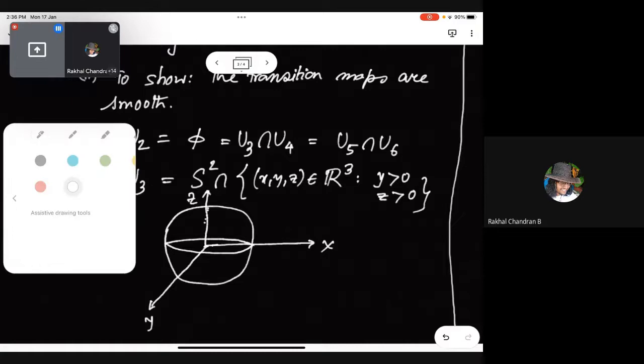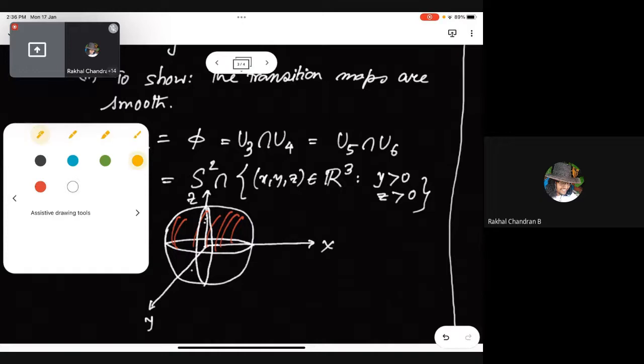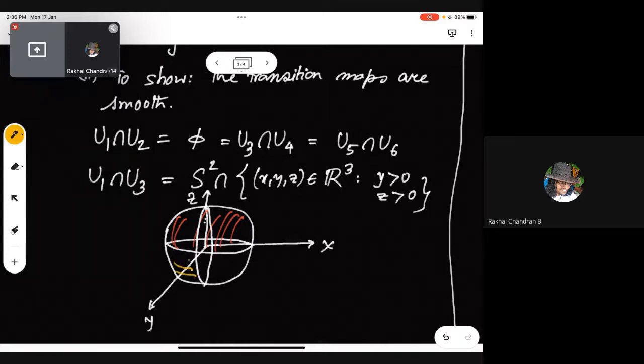So z greater than 0 gives you this one, and y greater than 0 gives you this one. So this part is the intersection. So this is the part we are interested in, right?